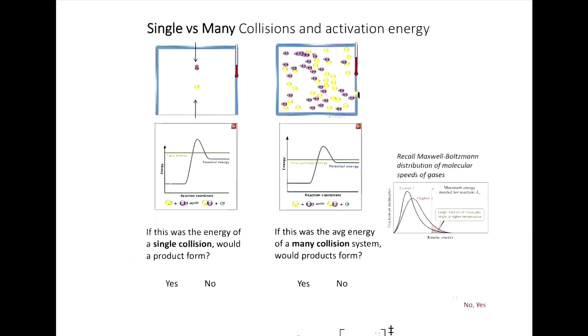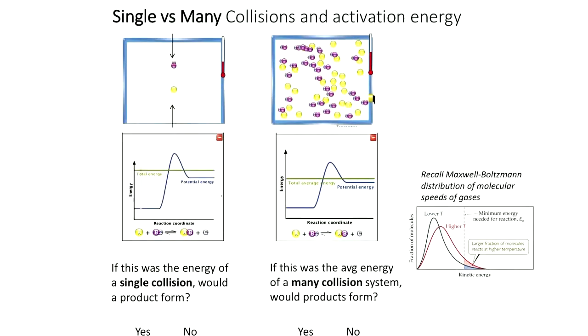Let's compare single versus many collisions and their activation energy. So tell me. Here's a single collision, just one collision. Here is the energy of that collision. Does this lead to a chemical reaction? No. Why? It doesn't go over. Perfect. Doesn't go over.